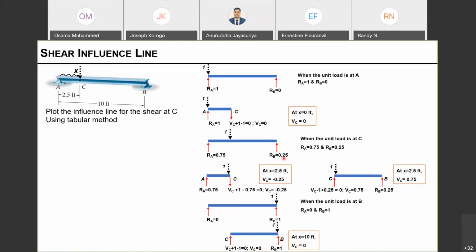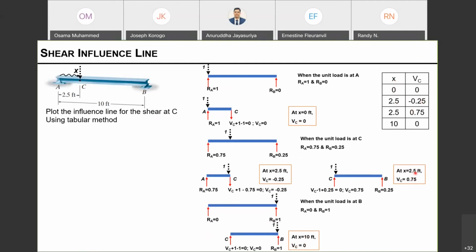So we have all the points that we are interested in for the influence of the shear at C. We can tabulate all the data like this. When X equals 0, my shear at C is 0. When X equals 2.5 feet, my shear at C is minus 0.25.